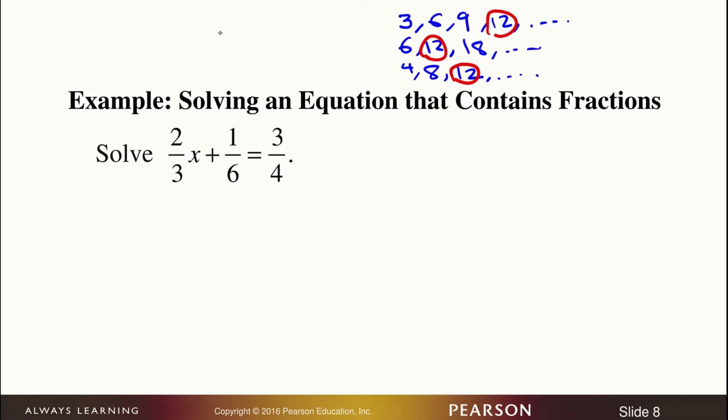And once we find the LCD, we go ahead and multiply it on both sides. Remember, we can do that with an equation like so, right? So now also remember, that means we're going to distribute.